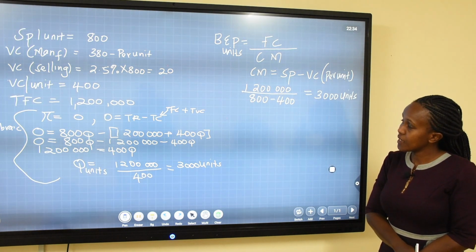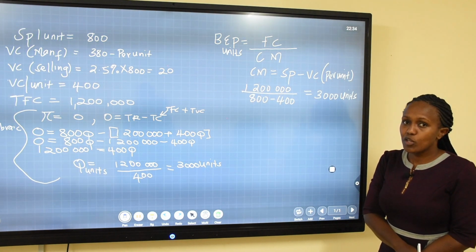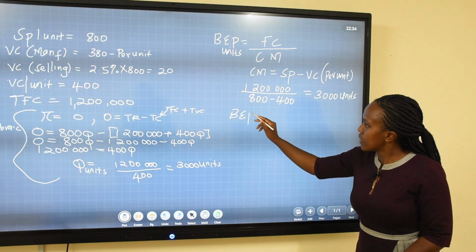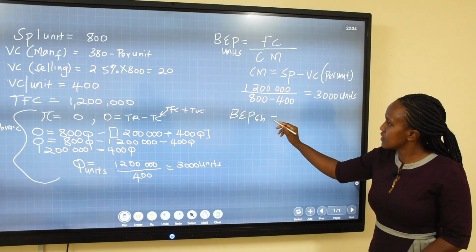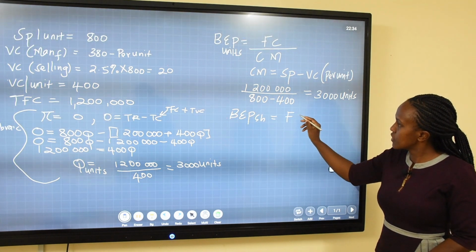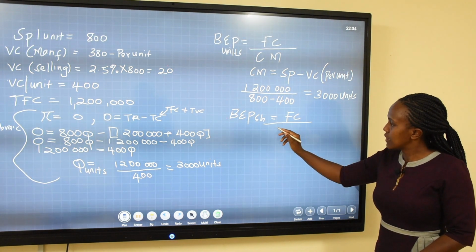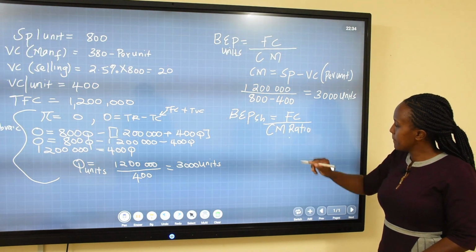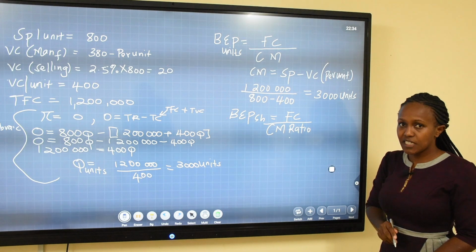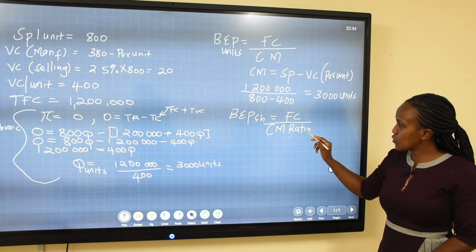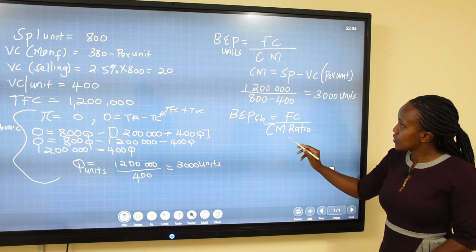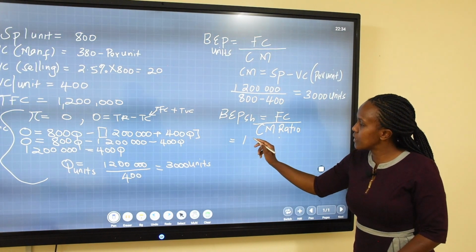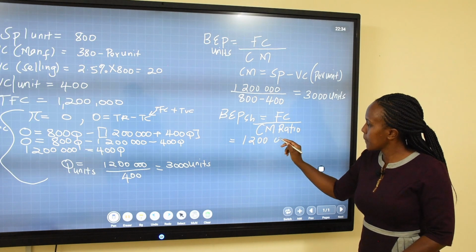Now, we can also get the break-even point in shillings, BEP, but now we want the answer in shillings. It is equal to fixed cost over CM ratio. If you want to get the answer in shillings, you change this from just CM to CM ratio. So our fixed cost still remains 1.2 million.